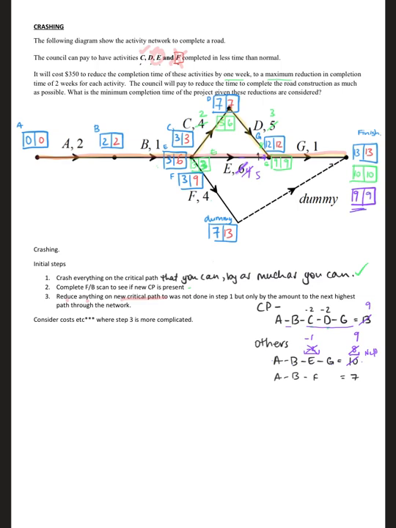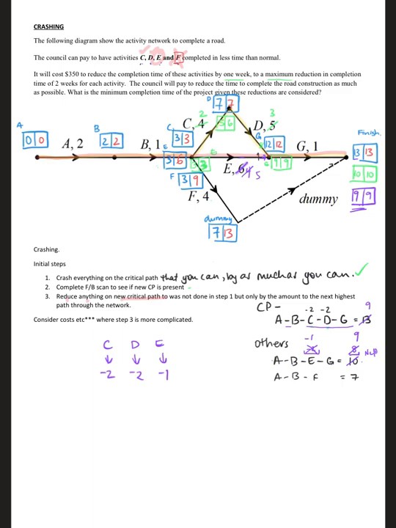So given that I could reduce C, D, E, and F, I've been able to reduce this completion time from 13 weeks to 9 weeks. And what I've done to do that is I've reduced C by 2, I've reduced D by 2, and I've reduced E by 1. All right.